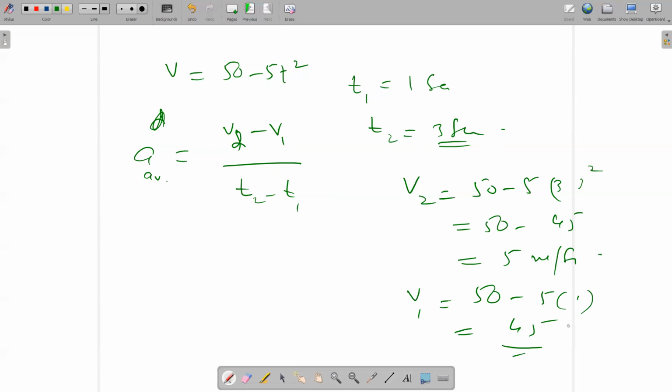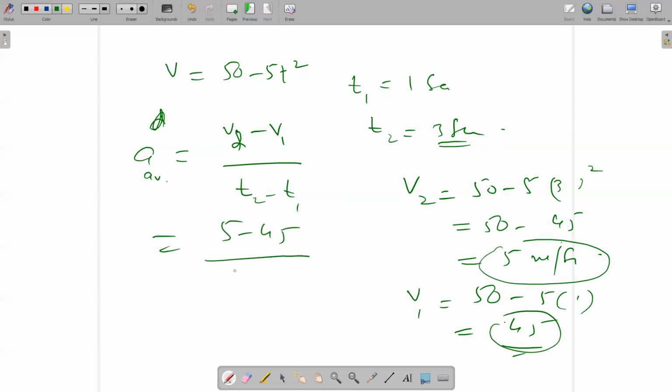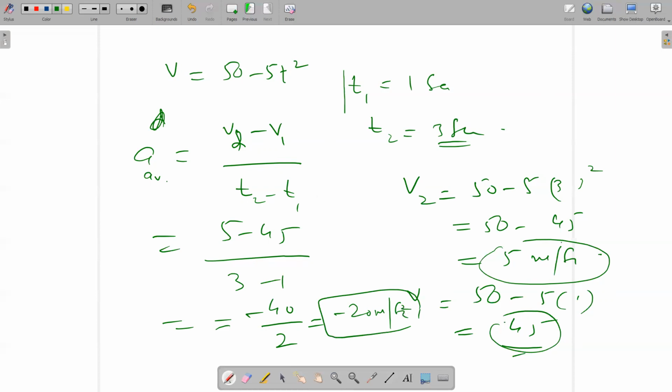Luckily, this is equal, sorry, not equal. This is 5 and this is 45. So v2 minus v1 is 5 minus 45 divided by 3 minus 1. So the answer will be minus 40 over 2, which is equal to minus 20 meter per second square. Okay, so in this way, you can find the average acceleration.